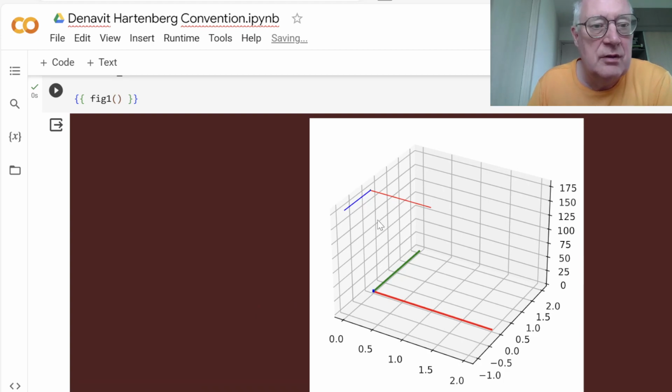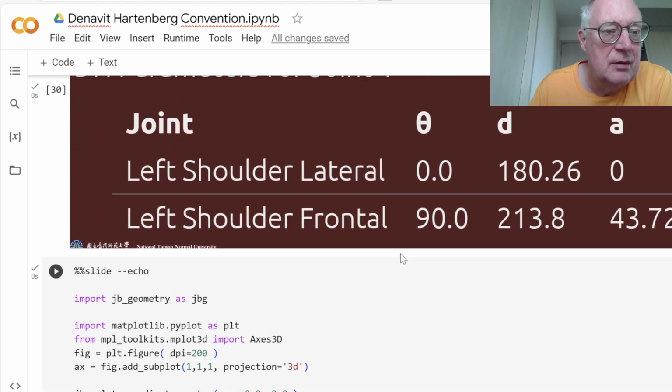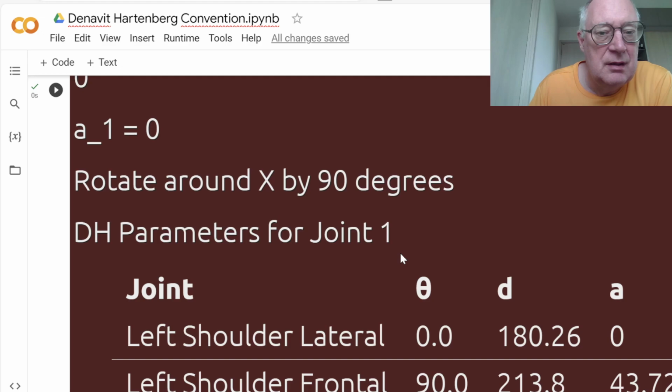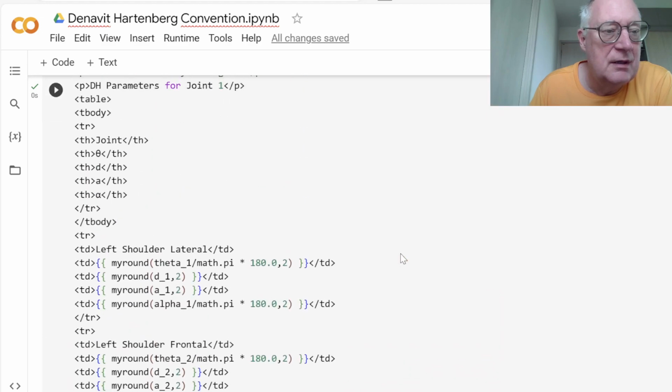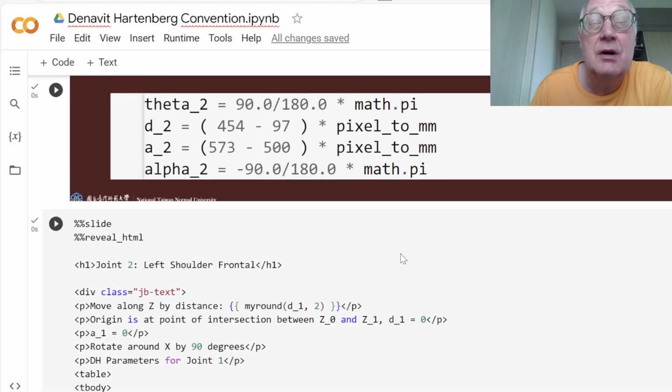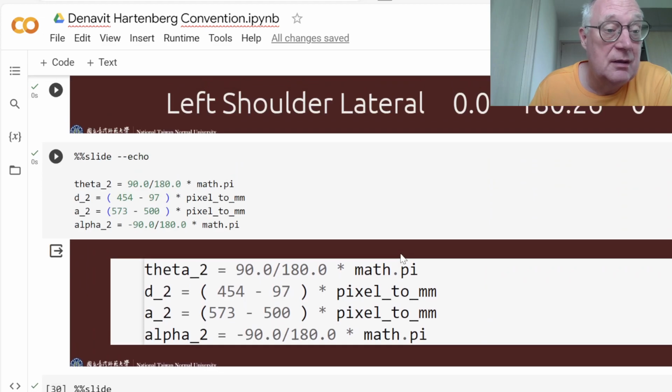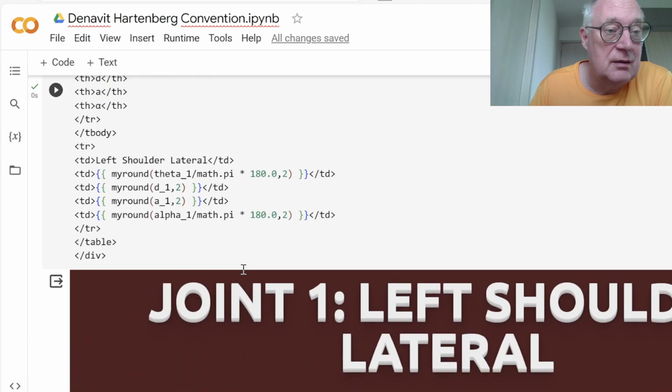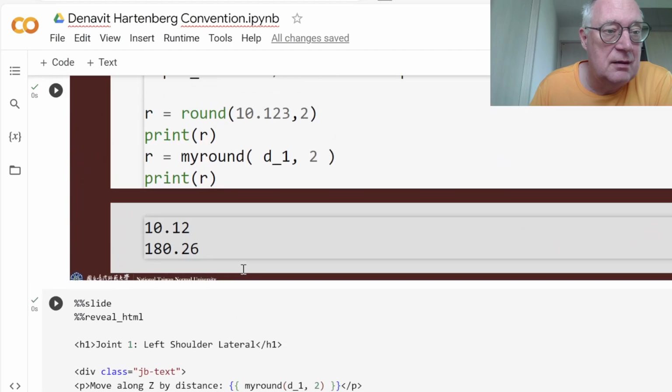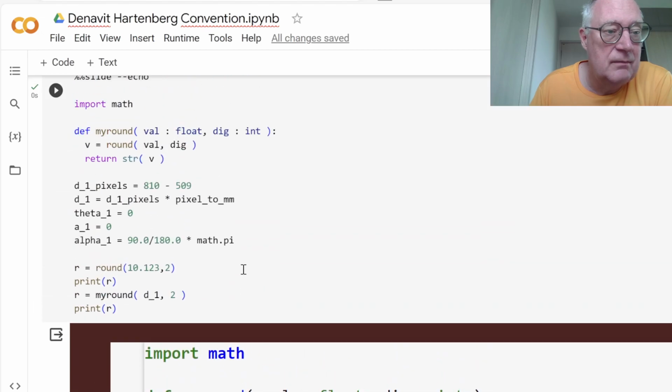Here the rotation is actually not in the direction that I wanted. I wanted it to go outwards, so our alpha rotation has to be negative. It's from Z to Y, not from Y to Z. So let's see, this here is negative.